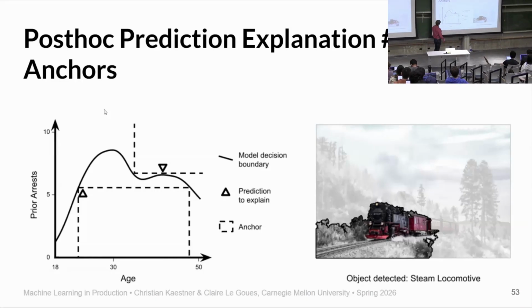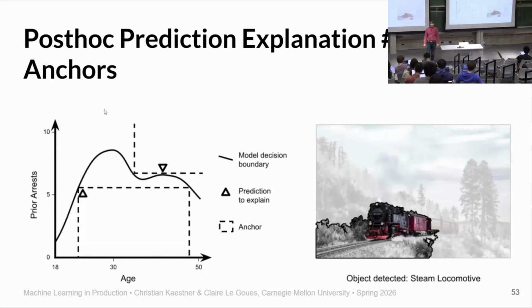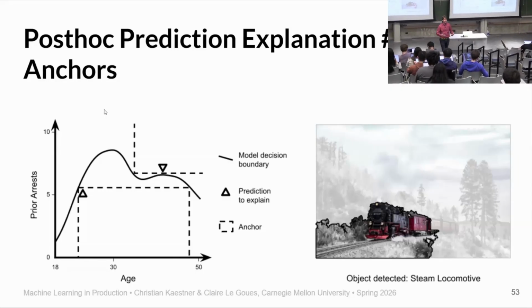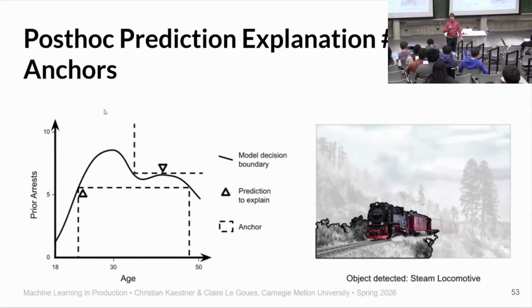You can also say, here's an entire area. You're in this area of age between this and prior convictions between this, where we think you're not going to re-offend. This is something that humans often do, kind of describe not the specific result, like you had 9 convictions and were this age, and this is why we did the following thing.